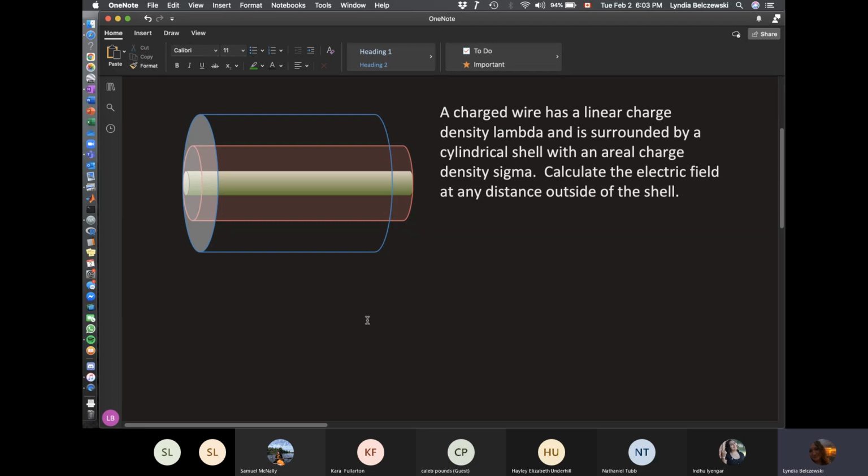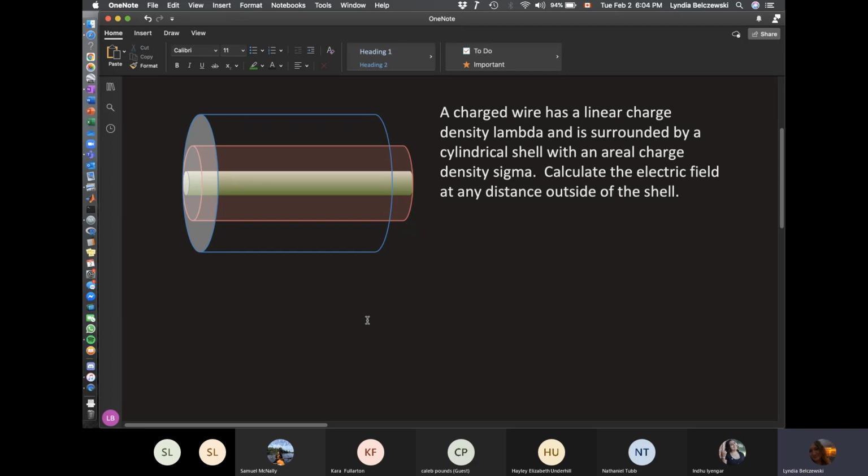And so what we're going to do is go through an entire Gauss's law question to find the electric field outside of this system. So in yesterday's PAL session, for those of you who were there or who have watched the recording, we got as far as saying that in order to use the symmetry of the system to our advantage as much as we can, we decided to use a cylindrical Gaussian surface.